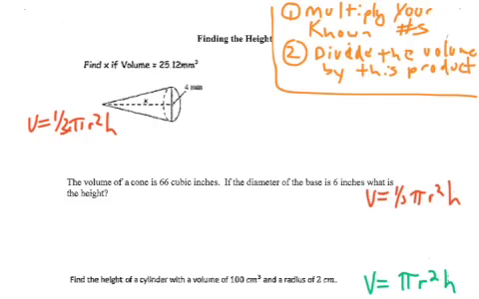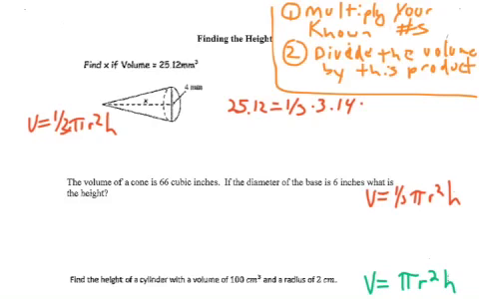Now all I'm going to do is fill in these numbers. So the volume we know is 25.12 equals 1/3 times pi, which we're going to use 3.14, times r squared.